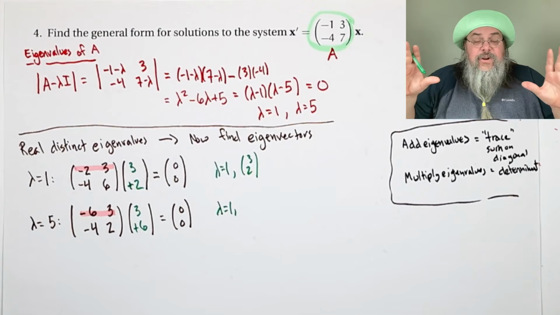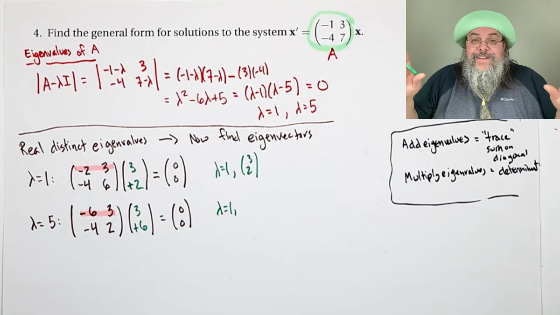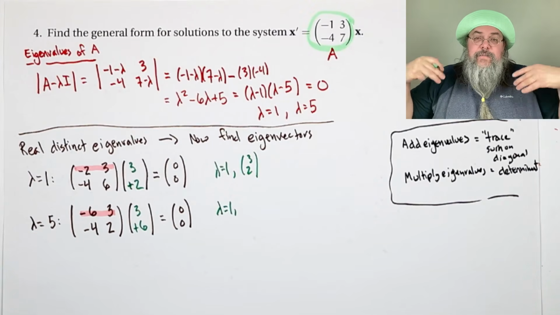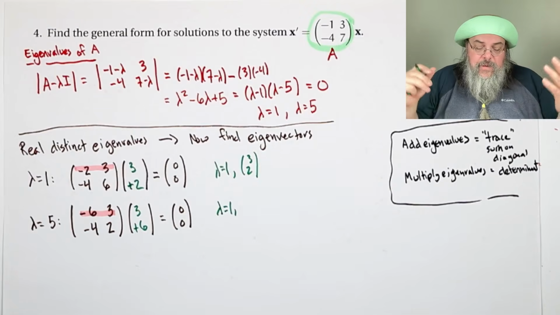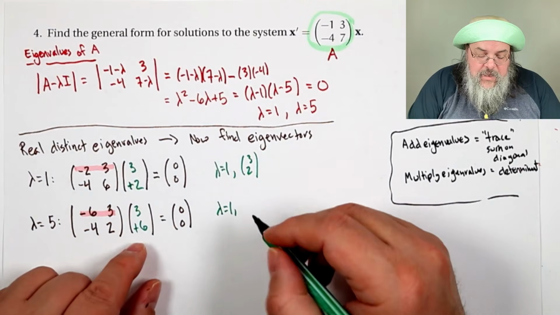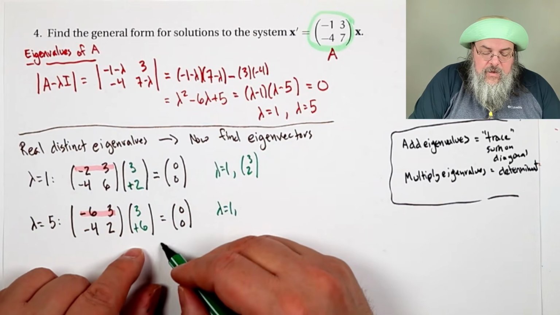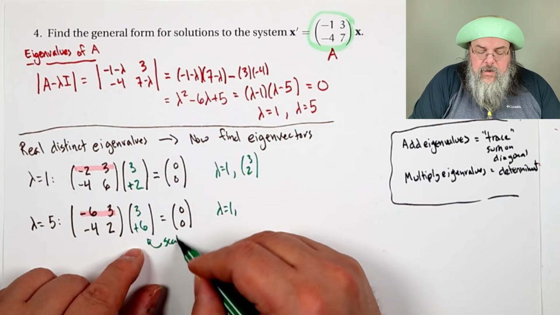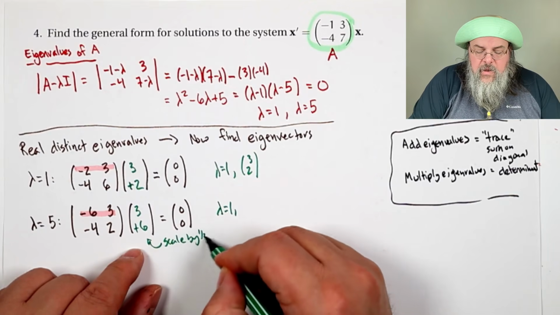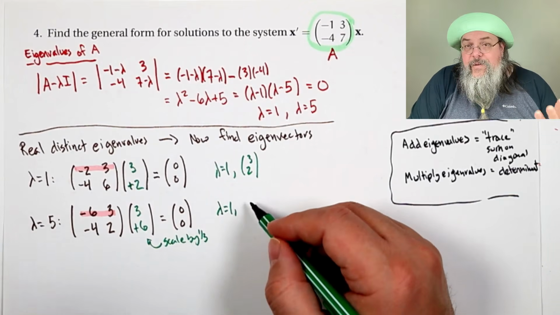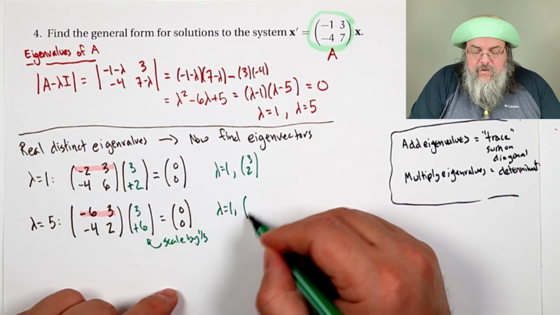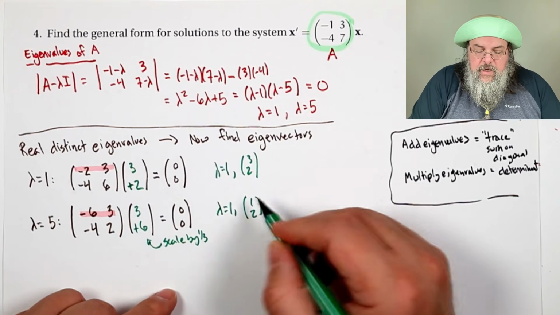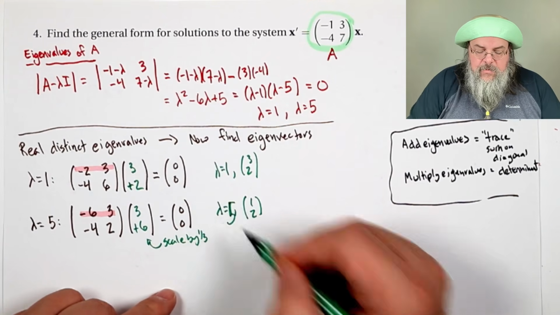It's not technically required at all, but oftentimes you'll find it's better to simplify for later computations. And it's good to get into the habit. So what I'm going to do is scale by 1/3. If you like, divide out by 3. So that's a 1, 2. And I wrote lambda equals 1. I should have written lambda equals 5.